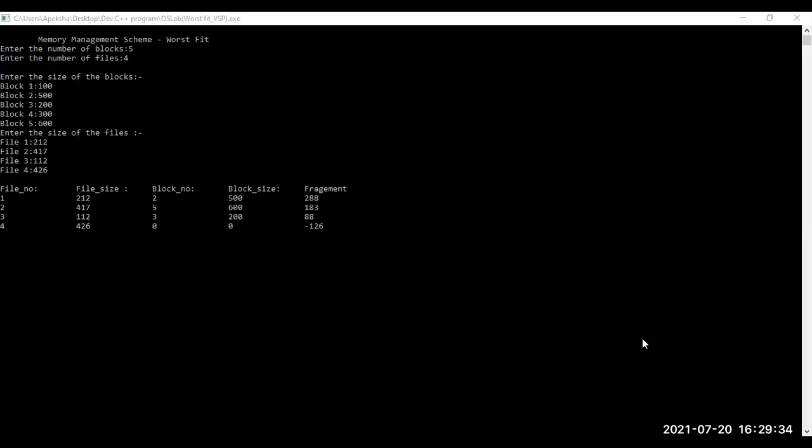So which is the largest enough? We are solving the first fit method, no? Yes, sir. What is the first fit? Now the first process requires 212.